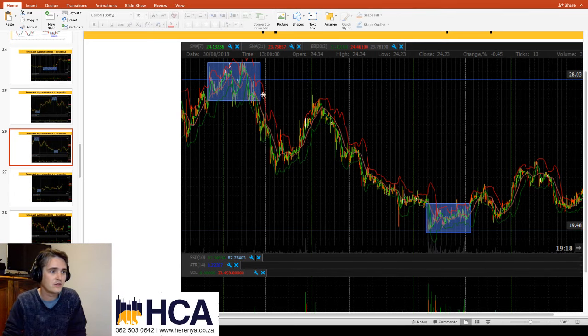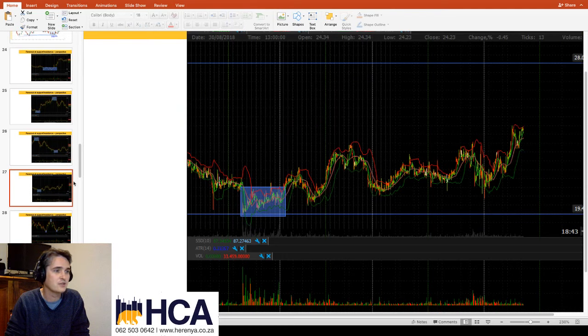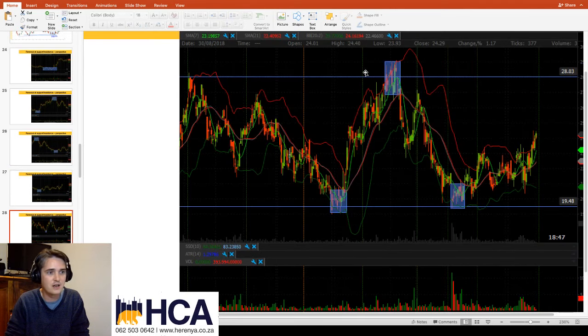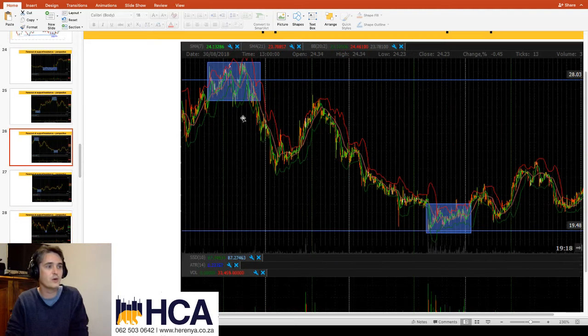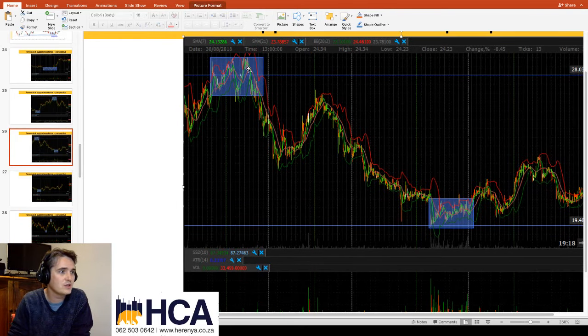When that consolidation then breaks in a direction, or that range breaks out in a direction, that is then your trigger to take the trade in the bigger move that you are trading, right? So what you can see here is this gives you an opportunity to identify this range on the smaller time frame, place your stop loss just on the upper end of that or just outside that range, and put a trigger at the bottom here.